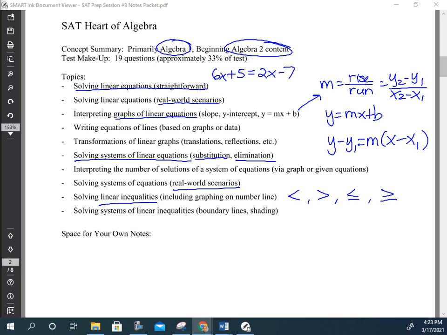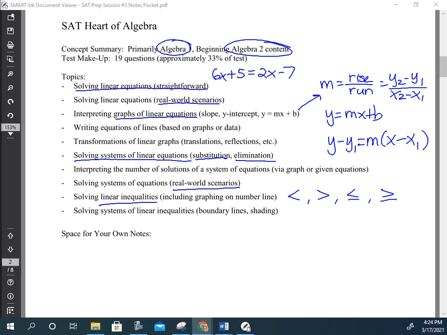So, any questions before we continue forward? All right, not seeing and hearing any, so it sounds like everyone's good.